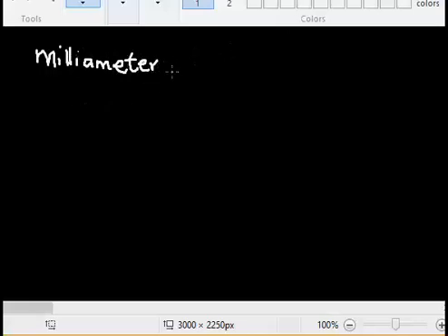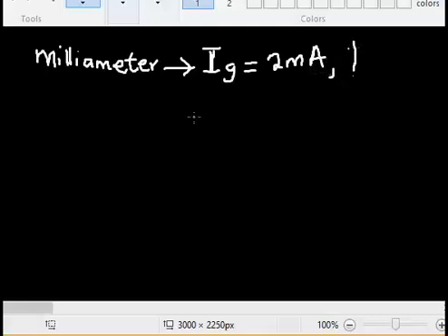Now a milliammeter whose full scale deflection is, let's say, 2 milliampere, and of course it is needed to measure a current as large as 2 ampere.